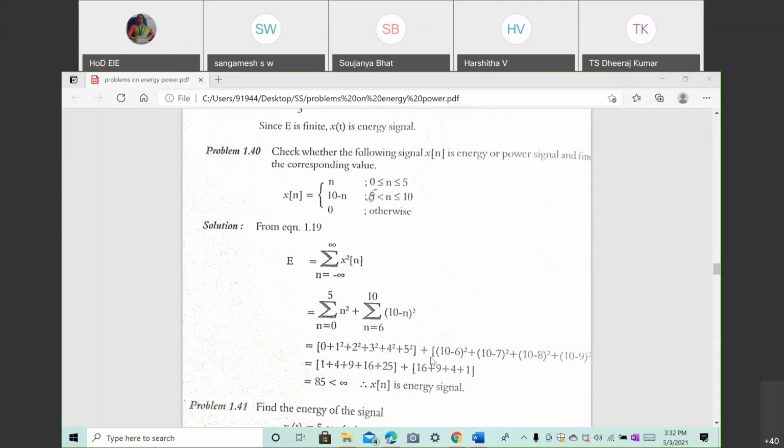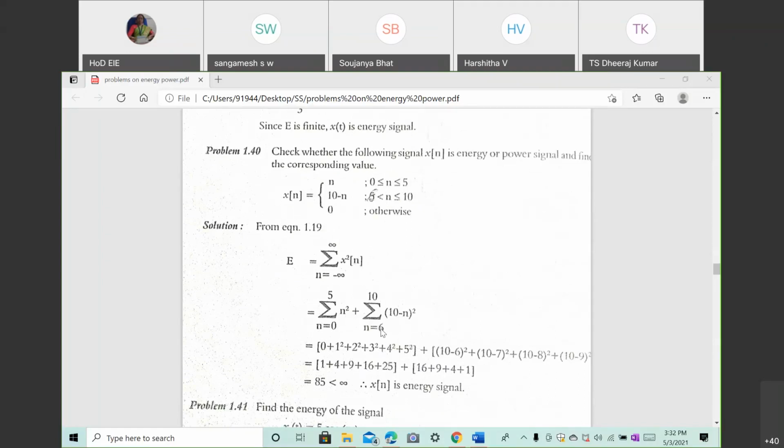We have to keep changing this n value in the x of n equation. n equal to 0, 1, 2, 3, 4, 5. In this range only n is there, so whatever n you select will be the magnitude. Up to 5 we have to go, then we square it.